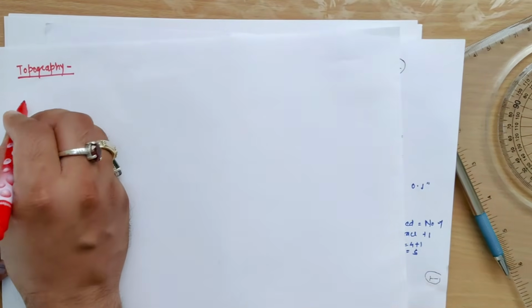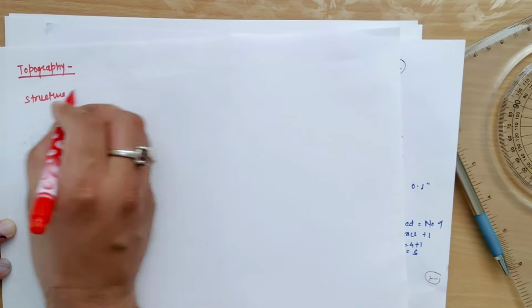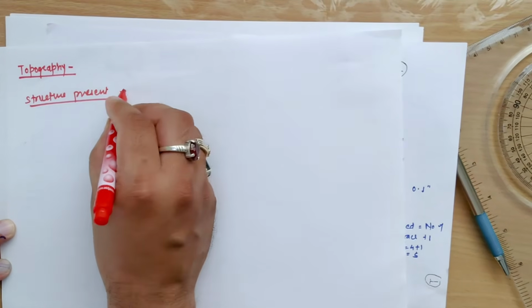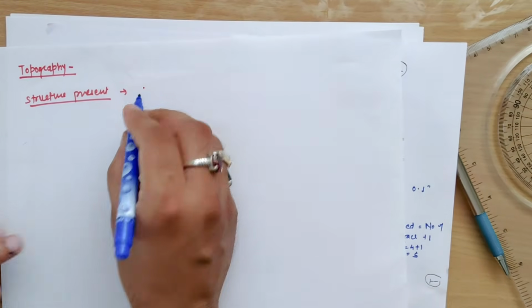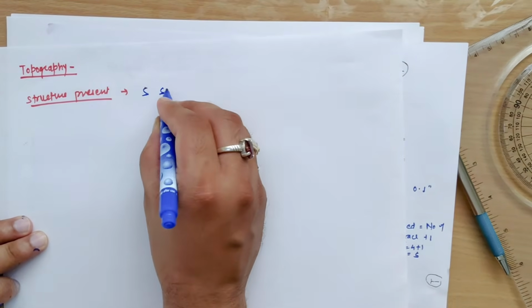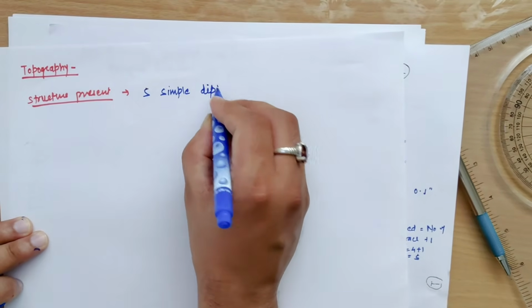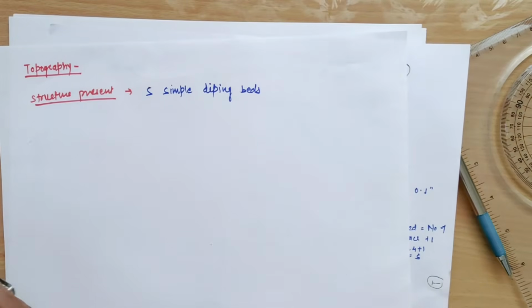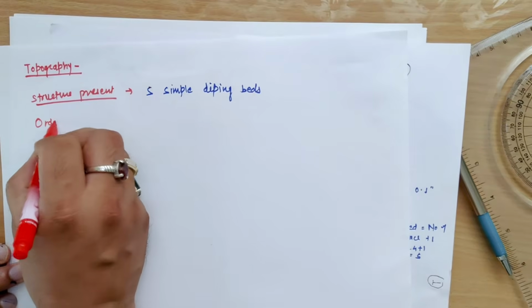The second point we discuss after topography is the structure present. So we have 5 simple dipping beds. Then another thing we have to discuss is the order of superposition.